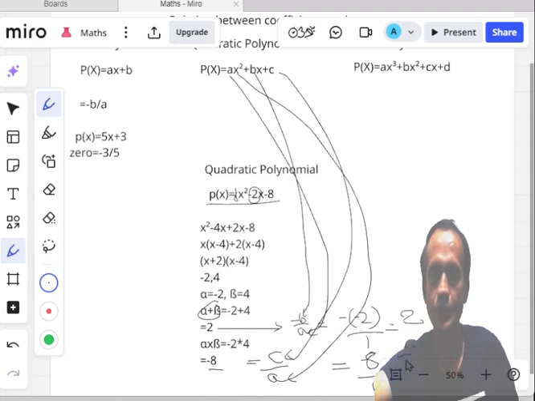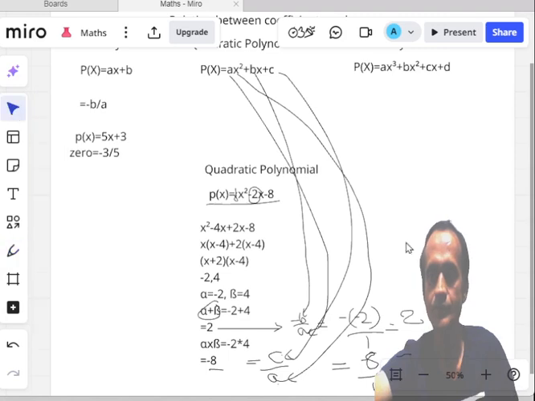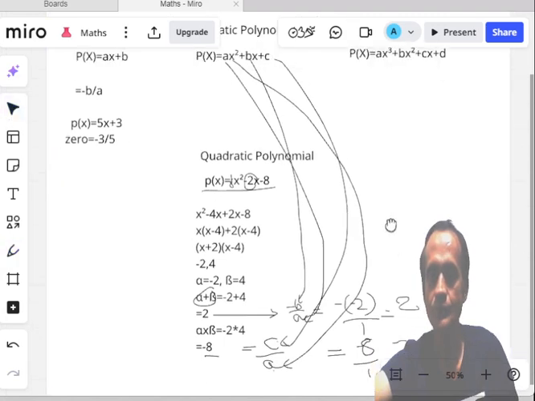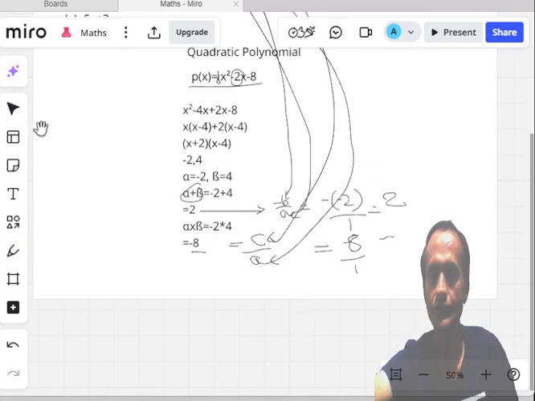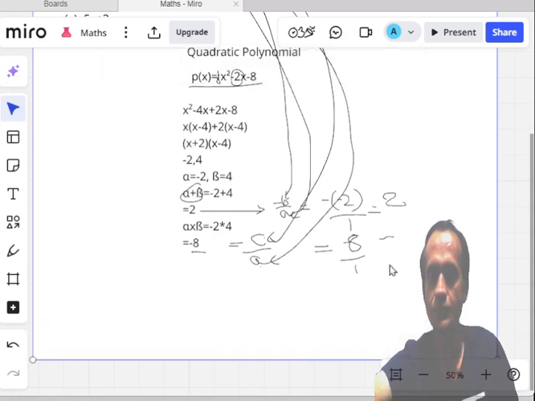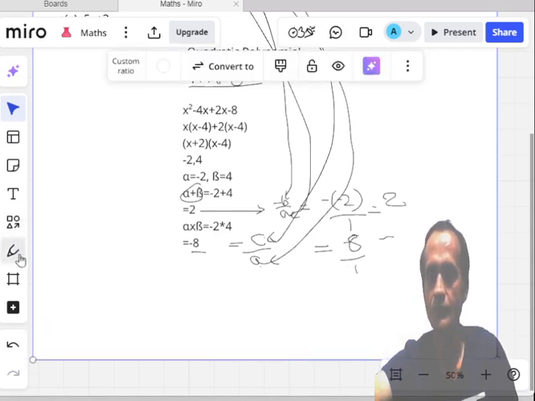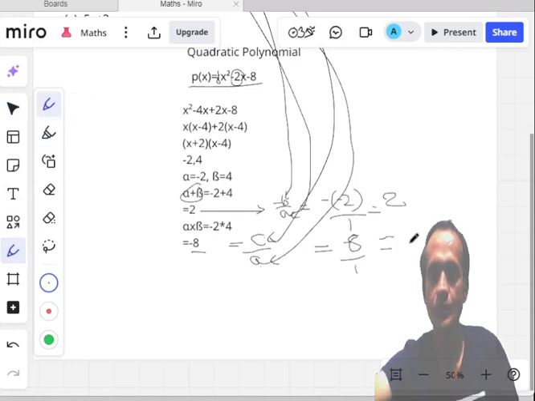So this is equal to minus 8. So the sum of the zeros, alpha plus beta, is equal to minus b by a, and the product of the zeros is equal to c by a. So this is the relation that we have found empirically.